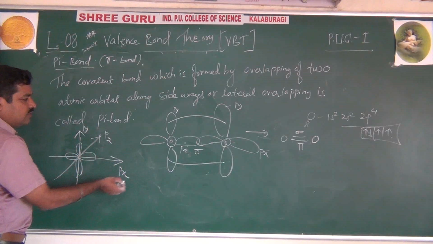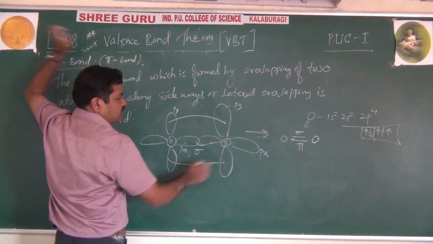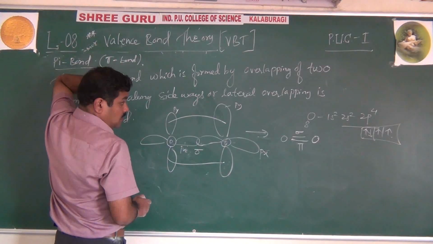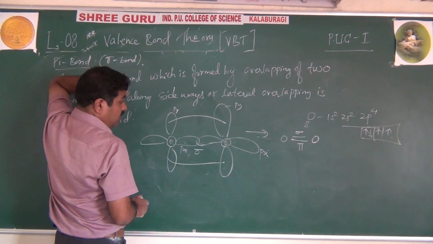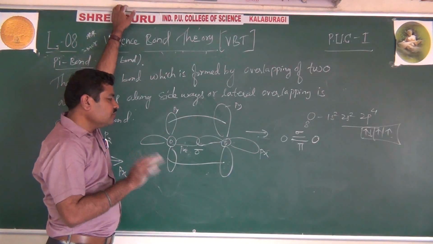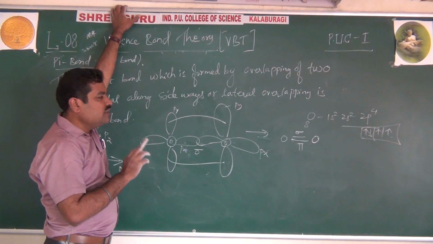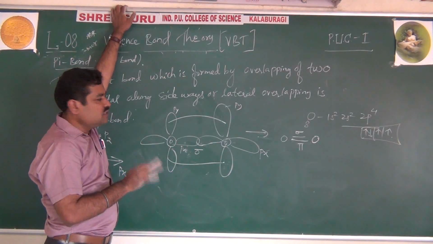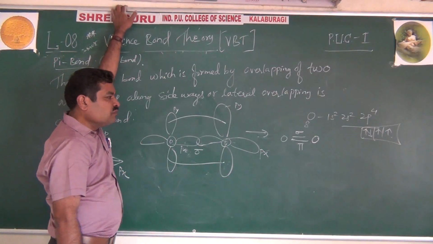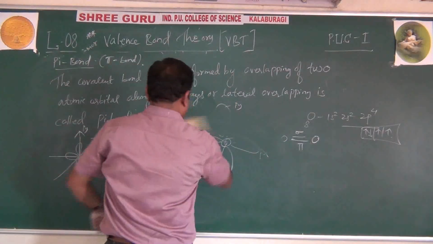Like this another oxygen Px, Py. Right? So like this they will overlap and will form one sigma and one pi bond for oxygen, right?